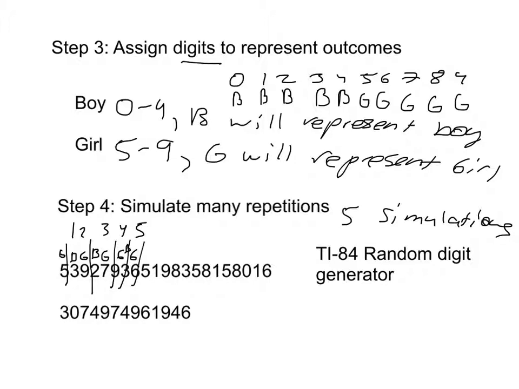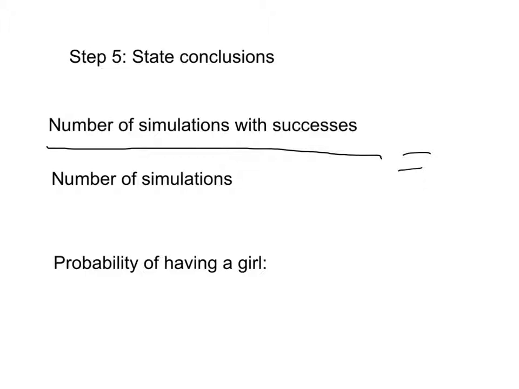So we used the random digit generator to calculate, and we had a girl in all 5 of our simulations. And so now step 5 is we're going to state our conclusions. The number of simulations with success is 5, and the number of simulations is 5.